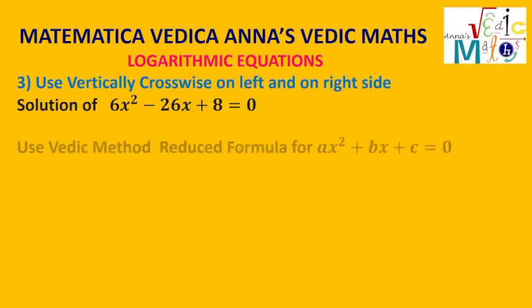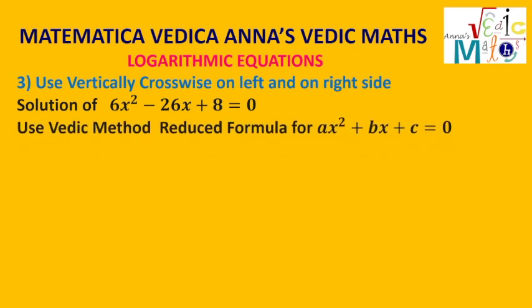So we can create a Vedic method reduced formula for a quadratic equation, in which we divide by 2 the differential and we divide by 4 the discriminant. The discriminant becomes the middle term divided by 2 squared minus the first term times the last term.